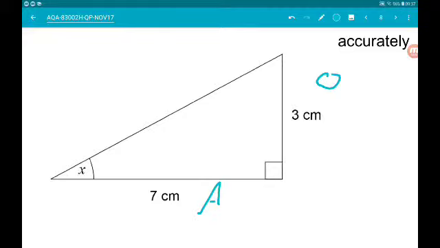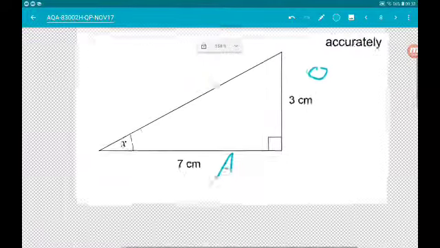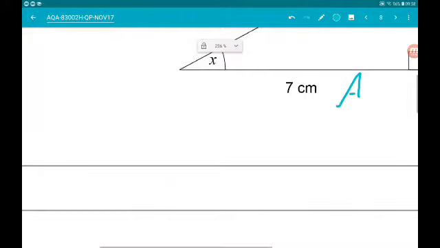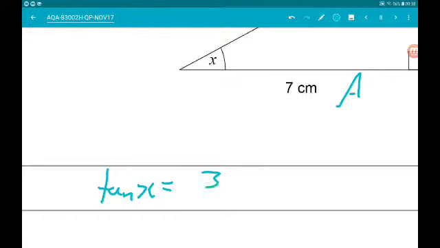So we go to SOHCAHTOA to work out which function we want. SOH, no, CAH, no, TOA, bingo. So, TOA tells us tan of X is equal to the opposite, so 3 over the adjacent 7.